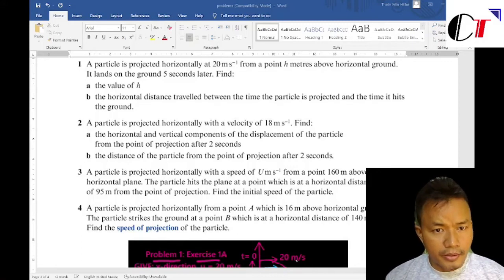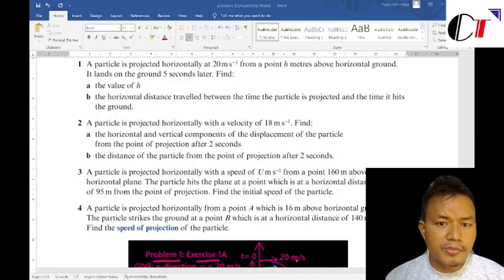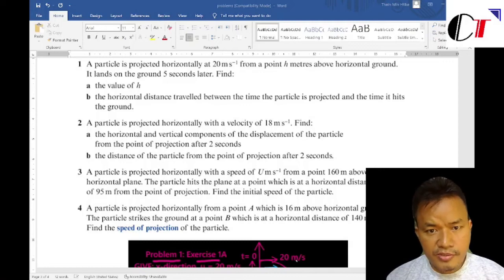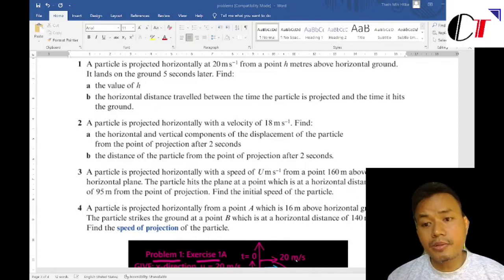Find A, the horizontal and vertical components of the displacement of the particle from the point of projection after 2 seconds, and B, the distance of the particle from the point of projection after 2 seconds. Looking at this problem again, it is projected horizontally initially, so this means the initial speed u in the y direction will be just 0.